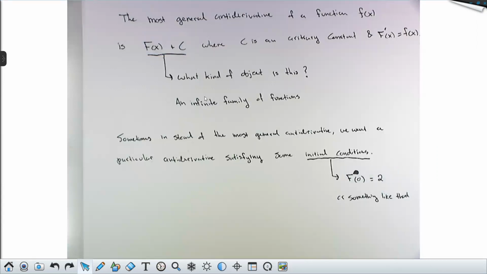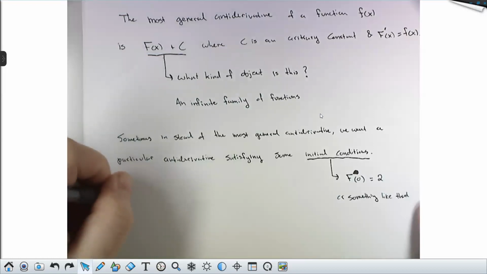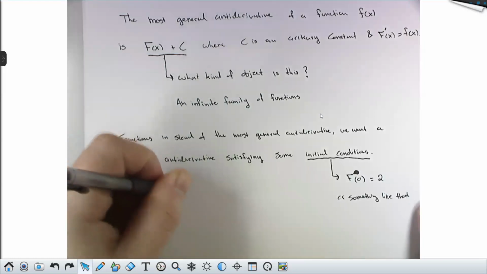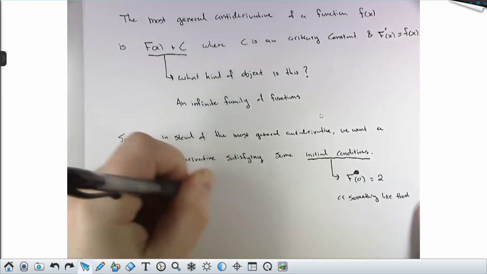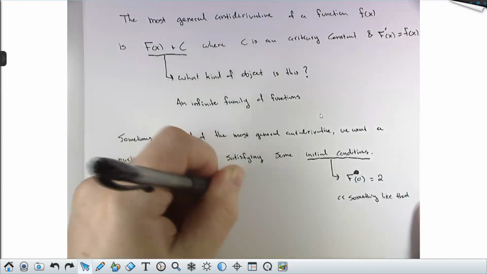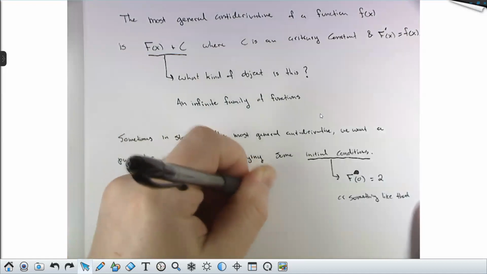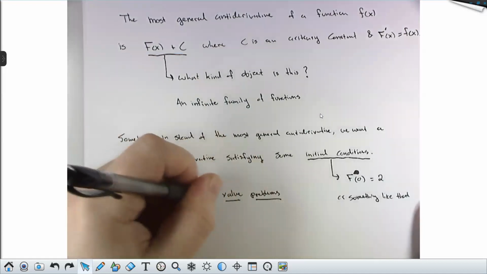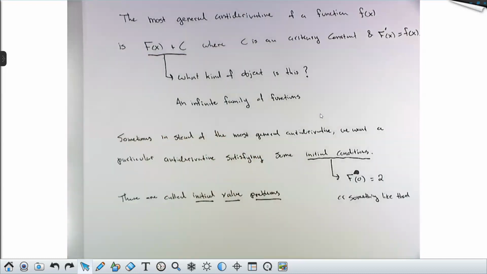It will allow you to pick one out of this infinite family of functions. These are called initial value problems, and they're hugely important in mathematics and in physics, especially in kinematics, rectilinear motion.